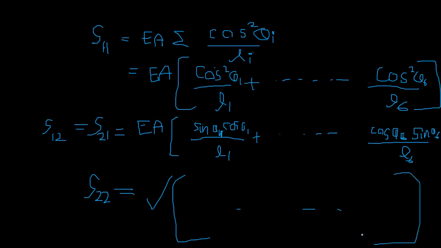So from that you can determine, and you add it all up, and you know the value of E and A. It is 200 and 1000. So you can determine the stiffness matrix. Your stiffness matrix will become closer to this, right?